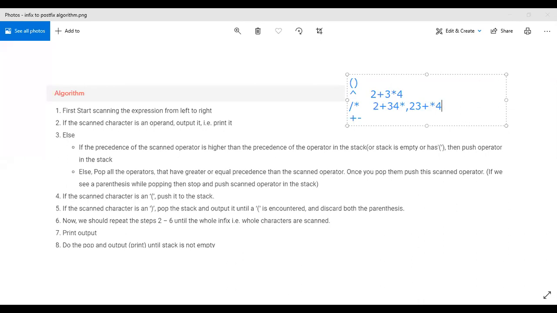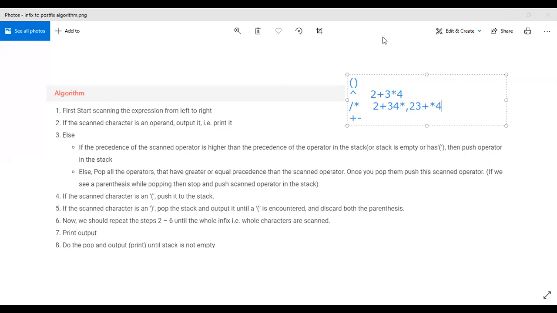See, here I have two options. If I convert 2 plus 3 into postfix, I will get the second one. If I convert 3 star 4 into postfix, I will get 2 plus 3, 4 star. So two options are there, but the rule is to first follow the highest preferred.